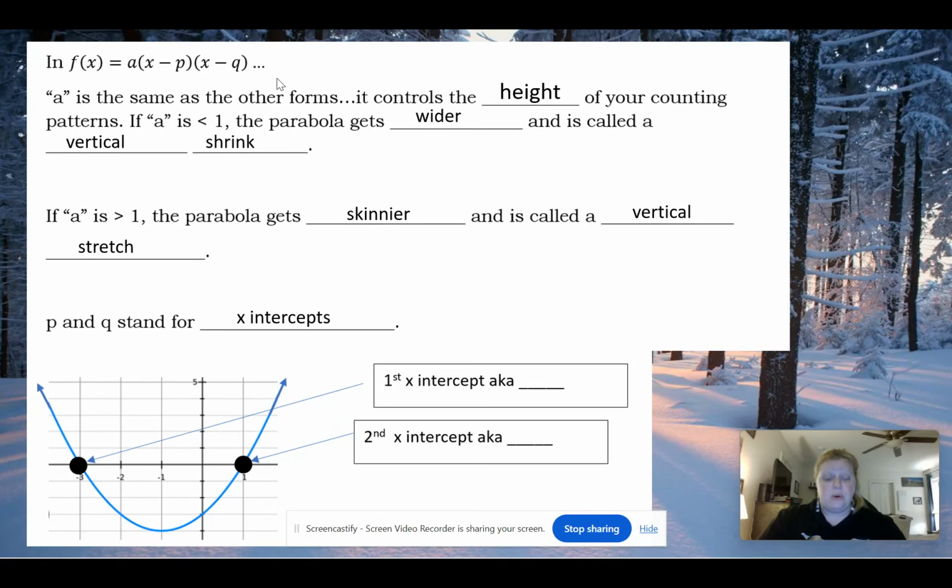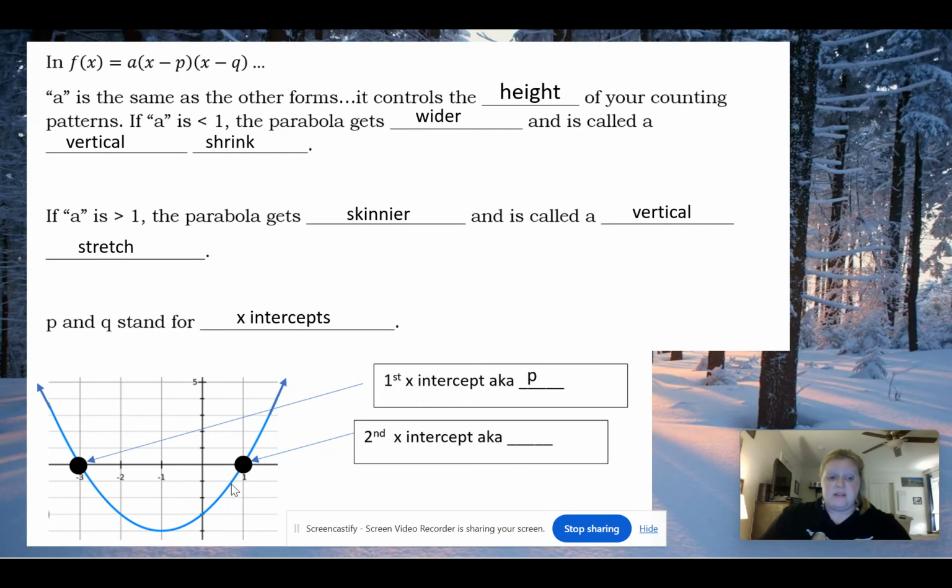p and q stand for x-intercepts. And I have a picture right here of what x-intercepts look like. So it's where a graph crosses the x-axis. So with most parabolas, there's 2 of them because they come down and then they have to go back up. So they're going to cross through the x-axis twice.